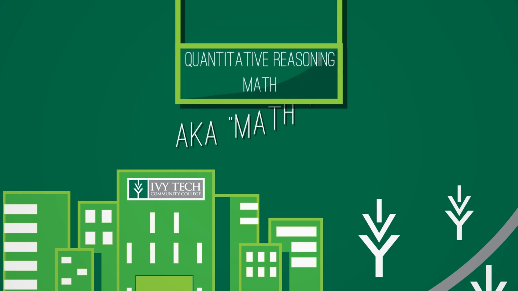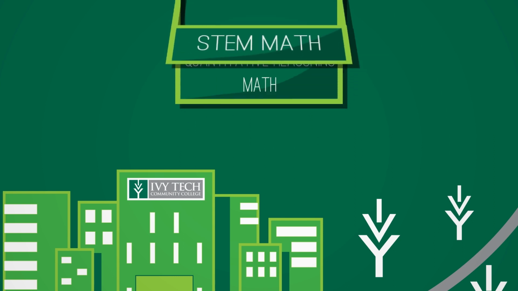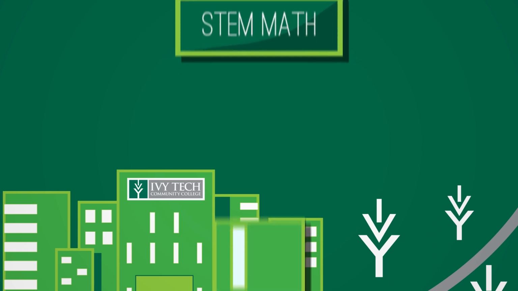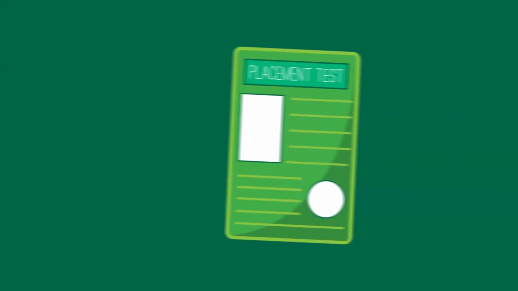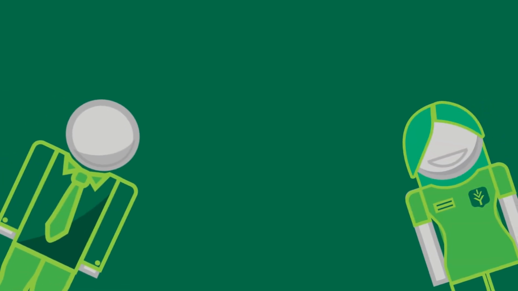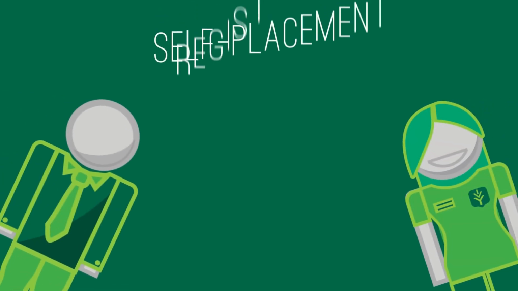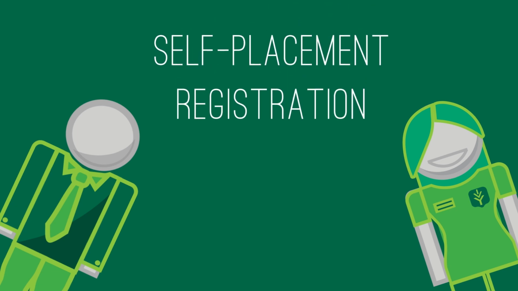We call it Math 123. If your major requires STEM math, you can self-place into Math 023 without taking a placement test. Your advisor or campus admissions contact will help you with self-placement registration.